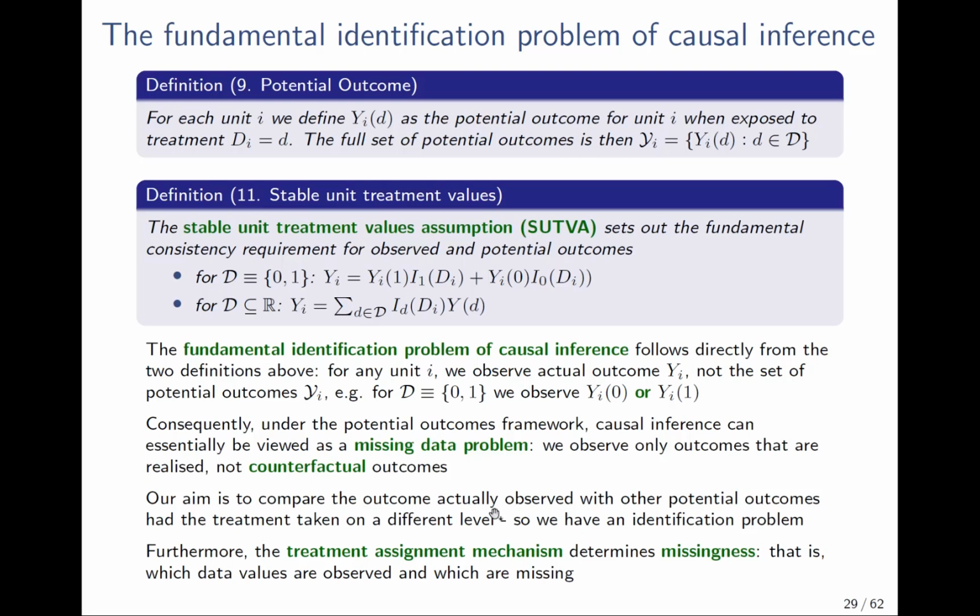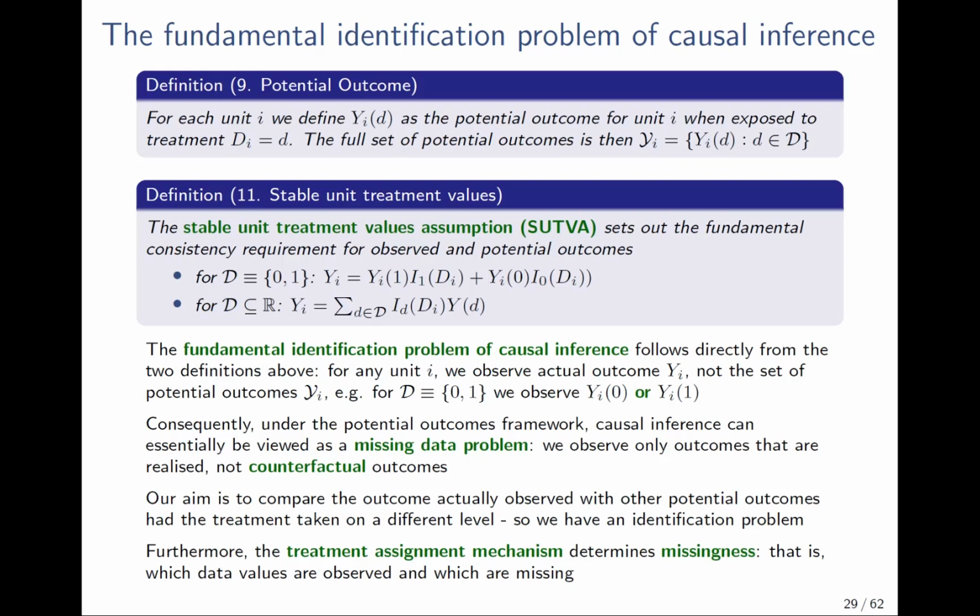For each unit i, we define this quantity here, yi(d), as the potential outcome for unit i when exposed to treatment level di. So that's just telling us this is what the outcome for unit i would be if they were treated at level d.